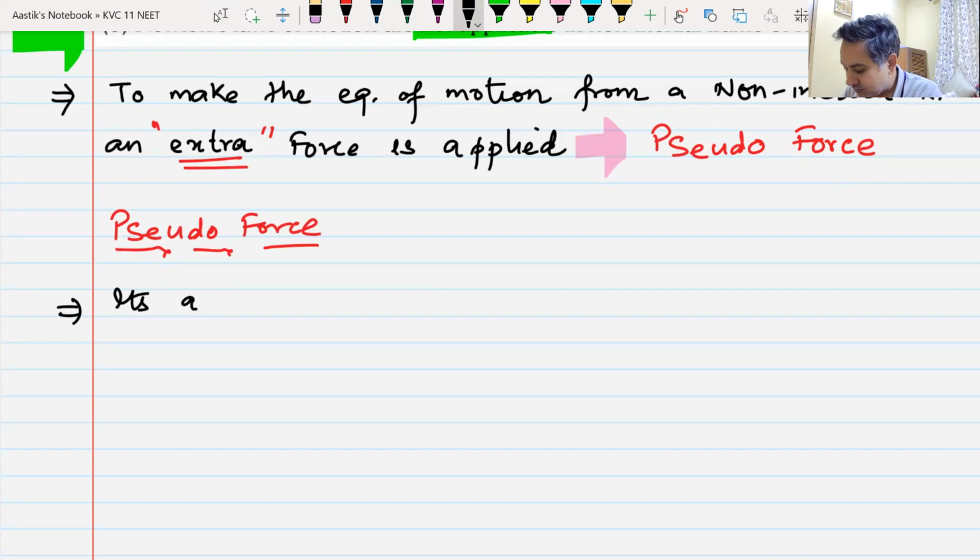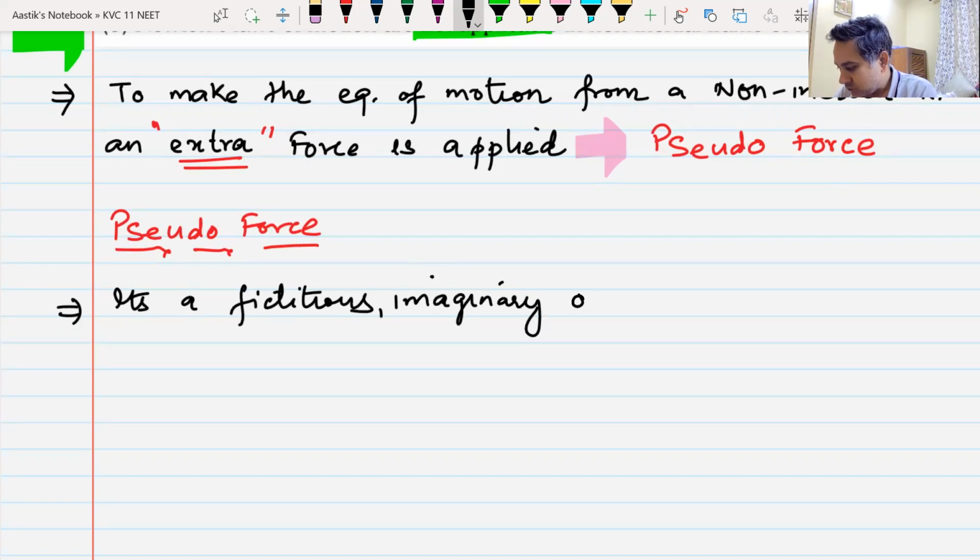It's a fictitious force. You understand the meaning of fictitious? Fictitious means does not exist. Imaginary. It is an imaginary force, a non-real force. It does not exist.